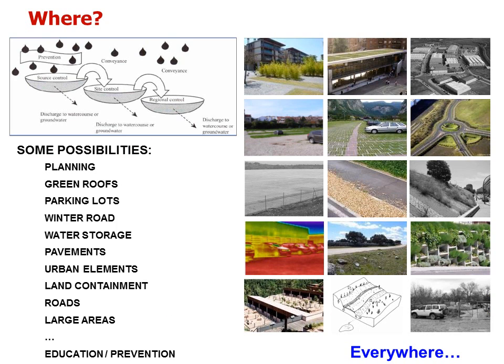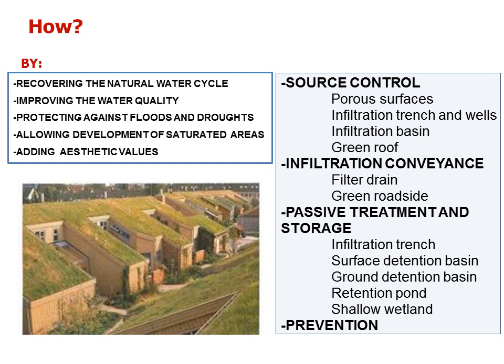Where can SUDS be applied? There are some possibilities related to planning: green roofs, parking lots, winter roads, water storage, pavements, urban elements, land containment, roads, large areas, to finish by education and prevention, so it can be applied everywhere. How?